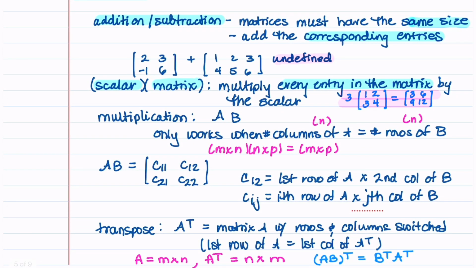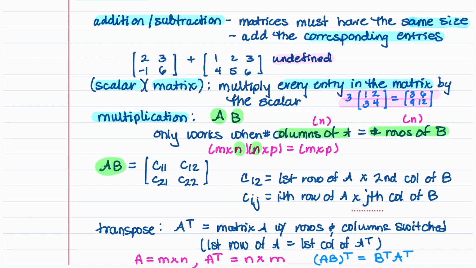We then looked at matrix multiplication and spent a bit of time on this because it can be a little bit tricky. Just want to remind you that when you multiply A times B, it's only going to work when the number of columns of A matches up with the number of rows of B. That's because these two numbers have to be the same. When we multiply AB, we get a matrix.